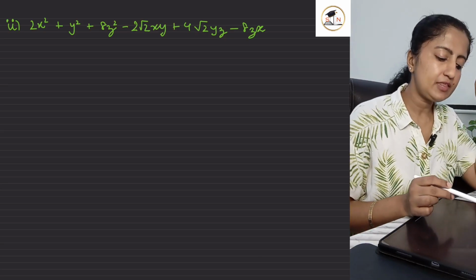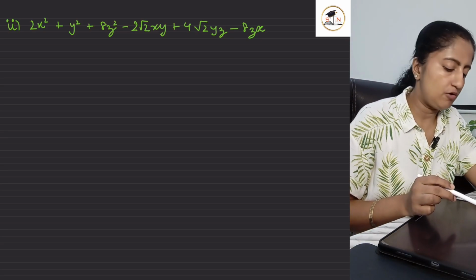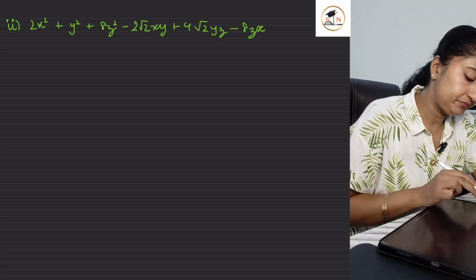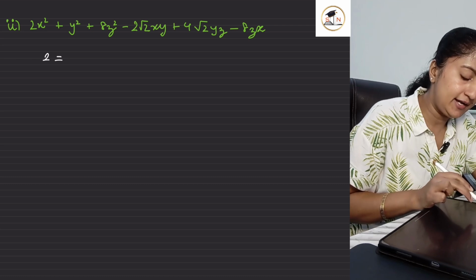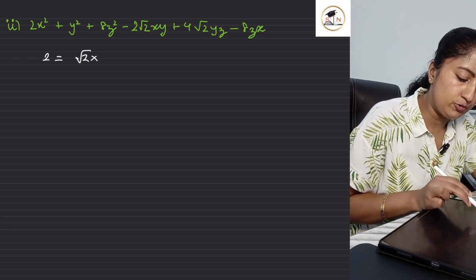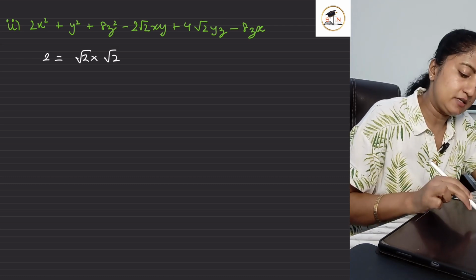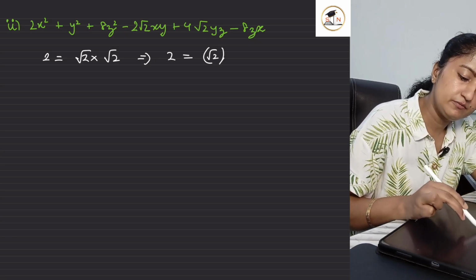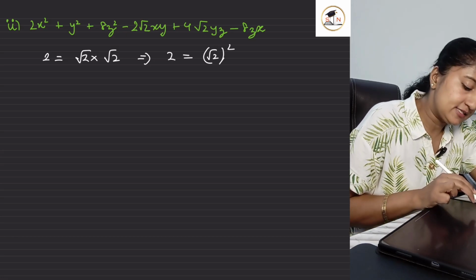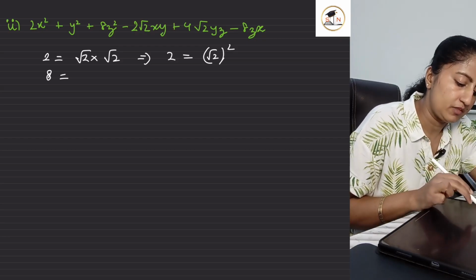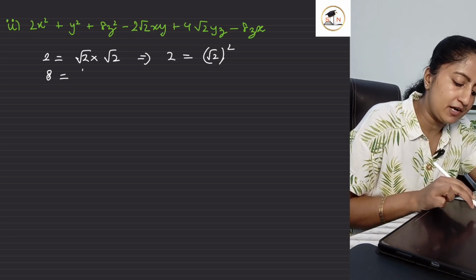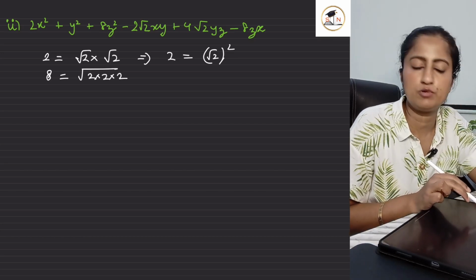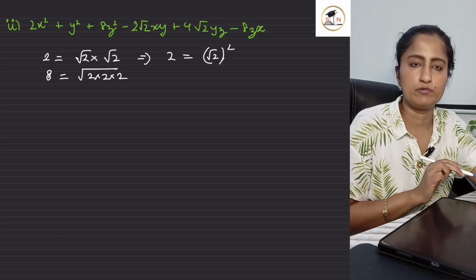is how to figure out the square root. I will tell you over here. What is 2? I can write 2 as a product of √2 into √2, right? That means 2 can be written as (√2) square, right? Similarly, talking about 8, if I prime factorize, 8 is 2 into 2 into 2, because we want a square root, that is why I'm writing a root over there.